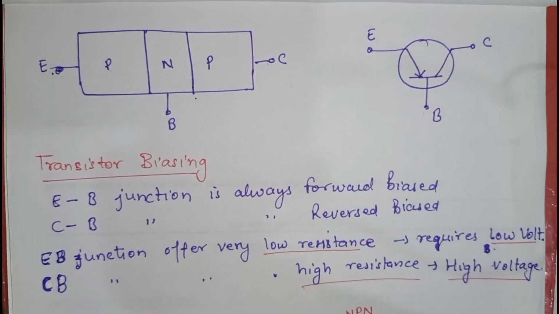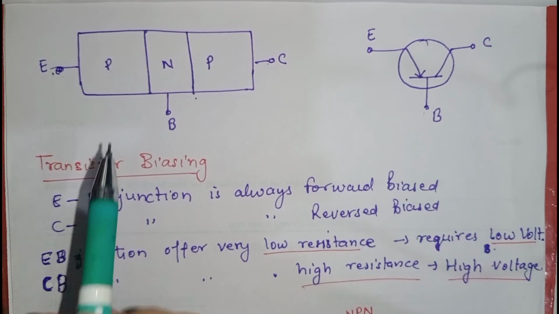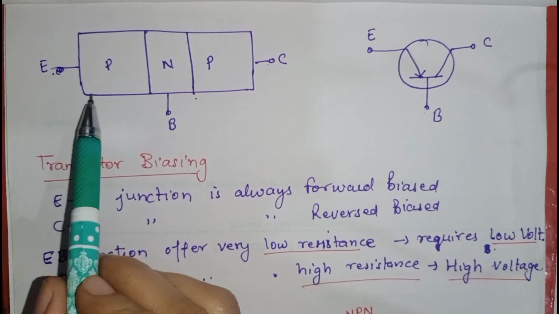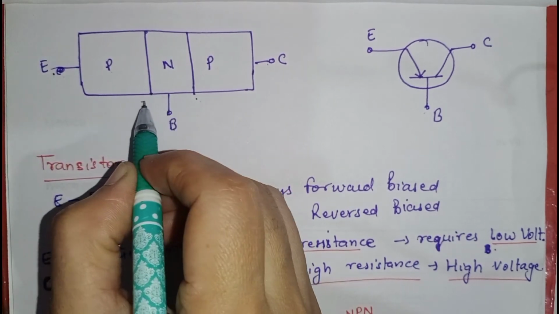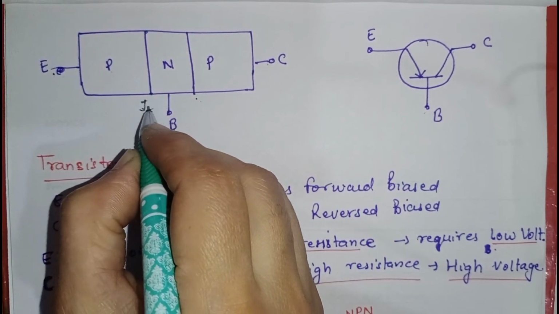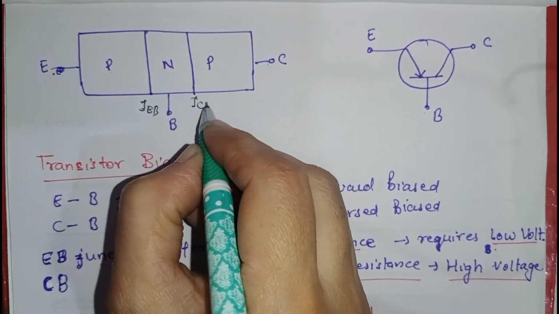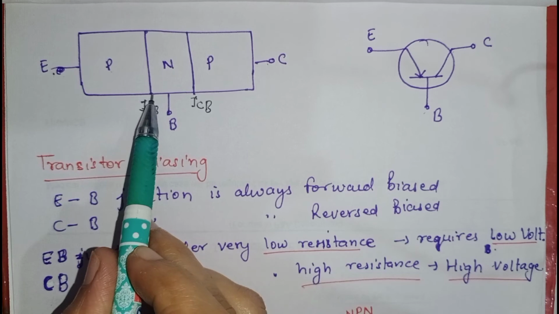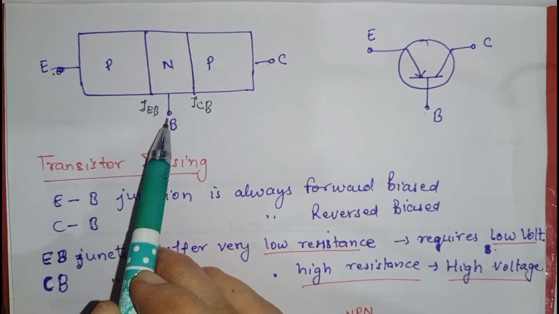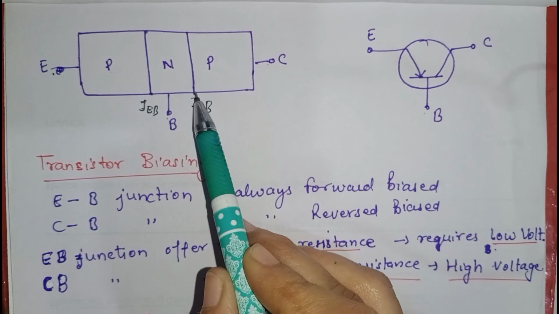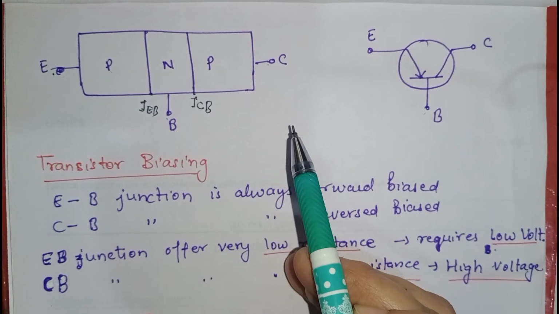Now we will talk about transistor biasing. This is emitter base junction and this is collector base junction. The emitter base junction is always forward bias, and the collector base junction is always reverse bias.